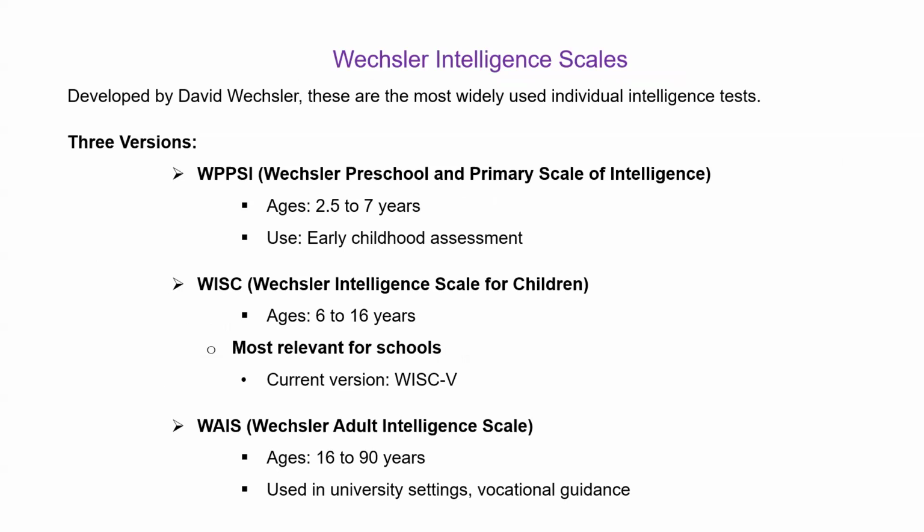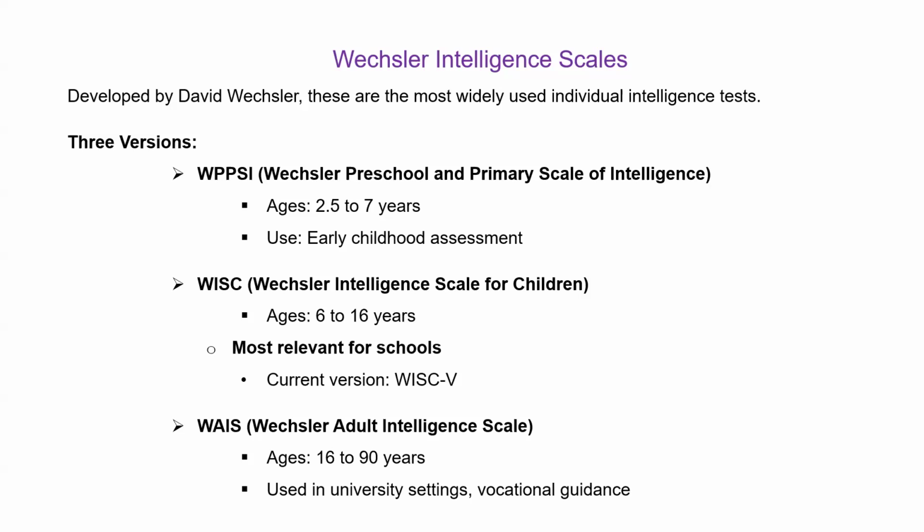This test we can give to children aged 2.5 to 7 years. This is used in early childhood assessment to check whether they are at a particular intelligence level as needed.